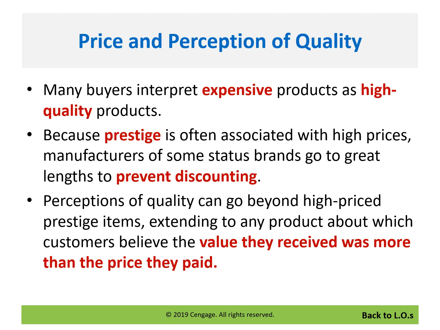So, again, perceptions of quality can go beyond high-price prestige items, extending to any product about which customers believe the value they receive is more than the price they paid.